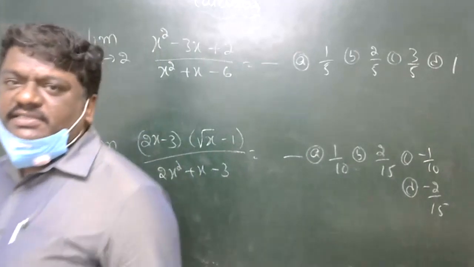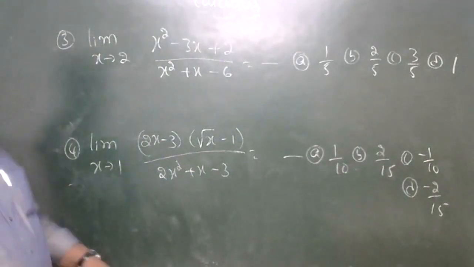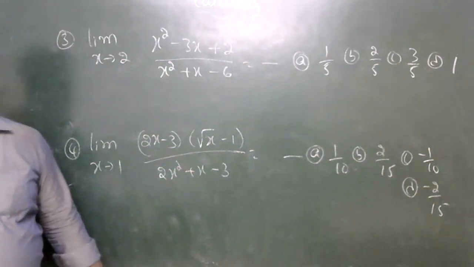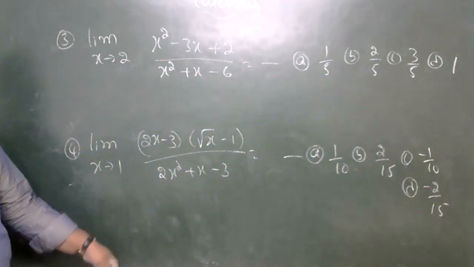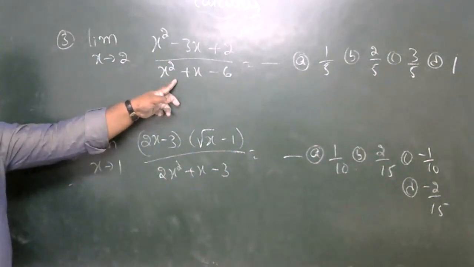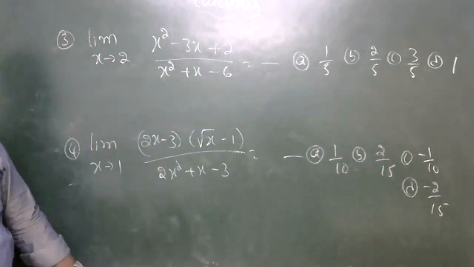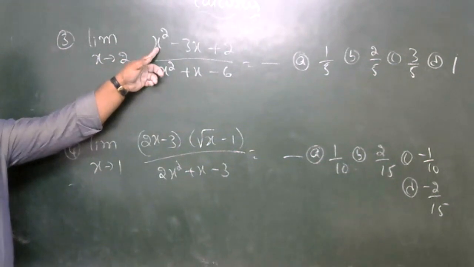Just you go with factorization. So this you can write as x plus 3 into x minus 2. This you can write as x minus 2 into x minus 1.